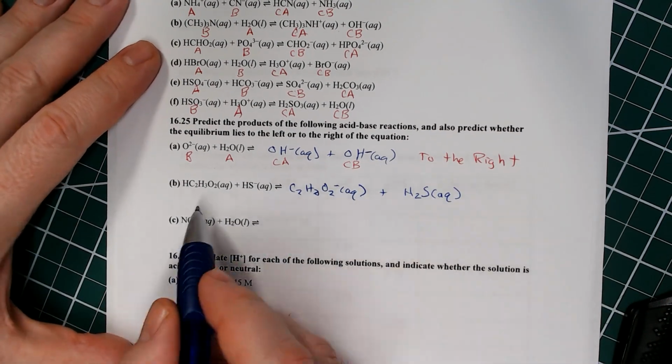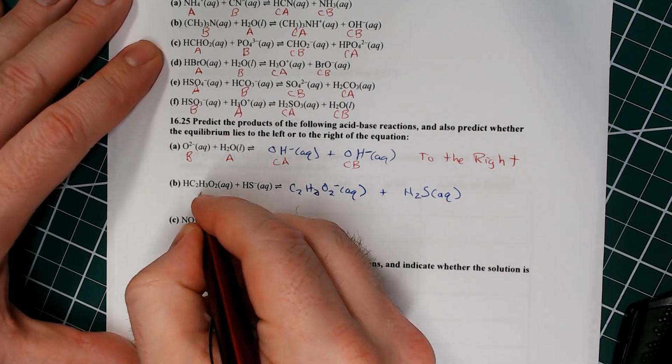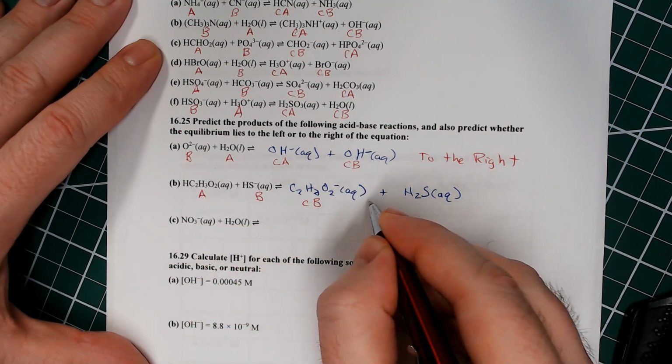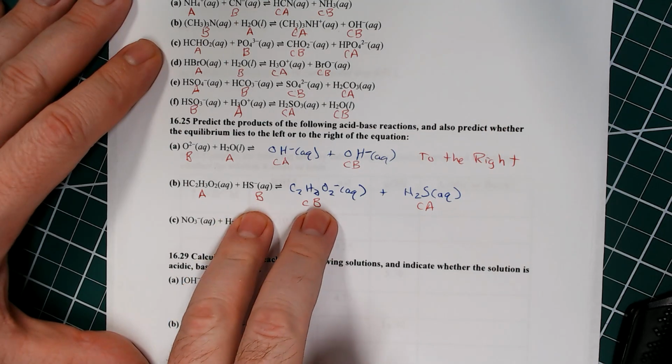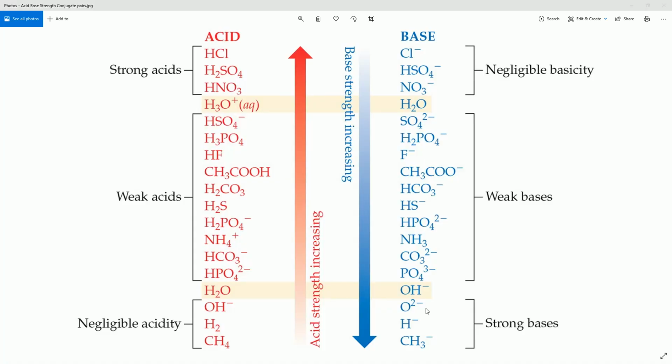All right, so again, identifying our acid, our base, our conjugate base, and conjugate acid. Our bases are HS minus and acetate. So we're going to go back to that list. Here is our list. Our bases are HS minus and acetate. Here is HS minus. There's acetate. HS minus is a stronger base.